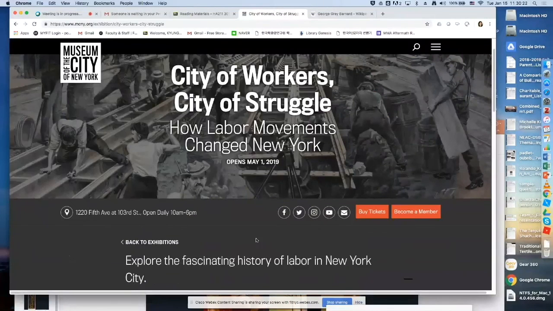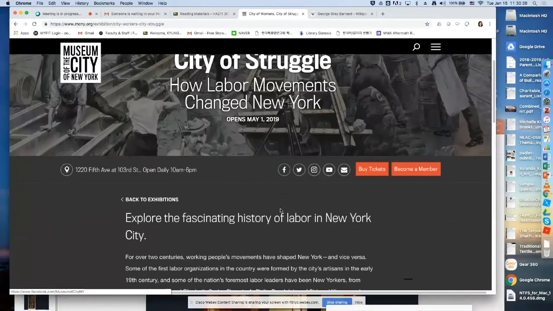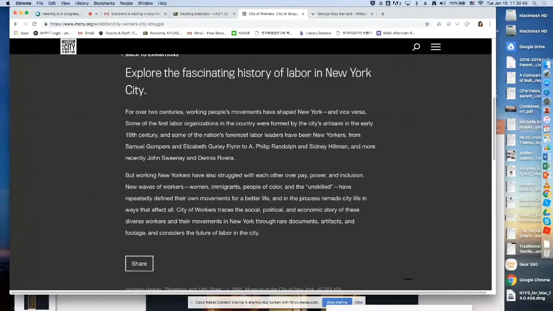If we all would like to go, I can email the curator who organized the exhibition and ask, can you give us a guided tour? It's also nice to hear what their story is, right? What they came across. These are railroad workers, labor movements, obviously garment workers, and all kinds of labor movements. So this will be interesting.